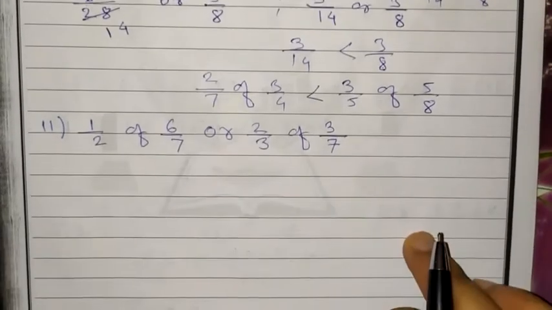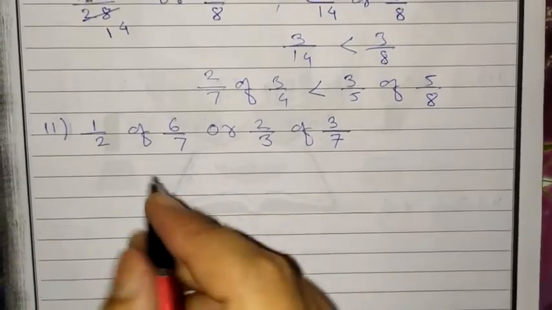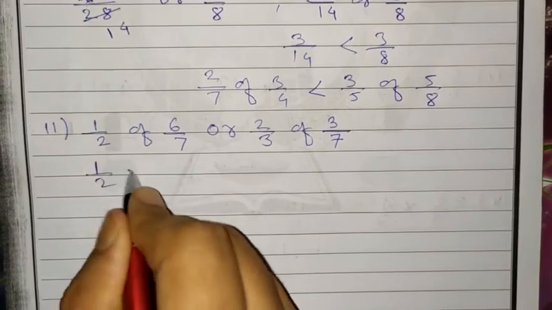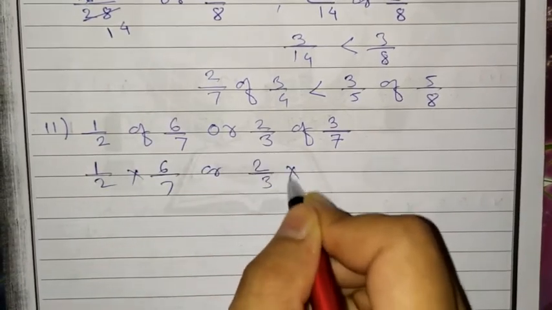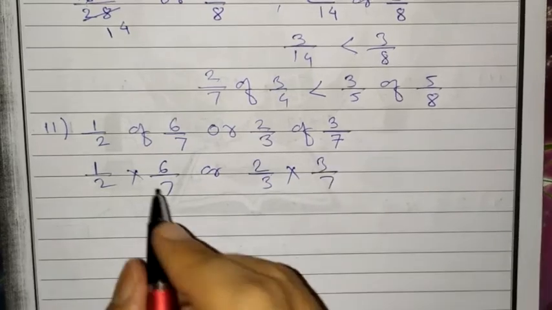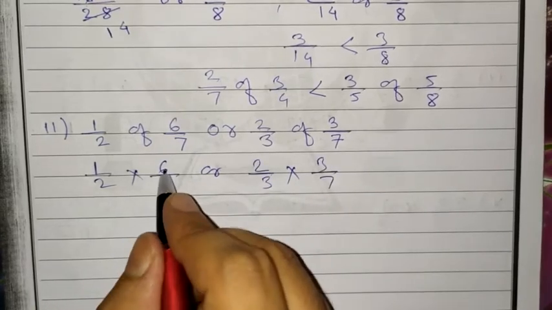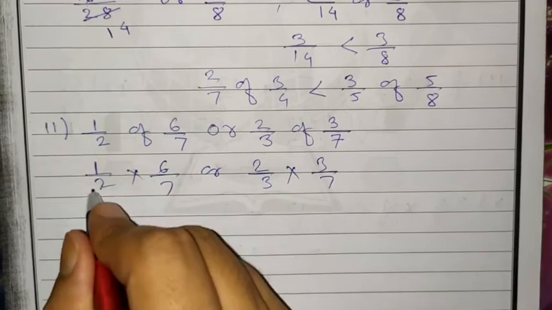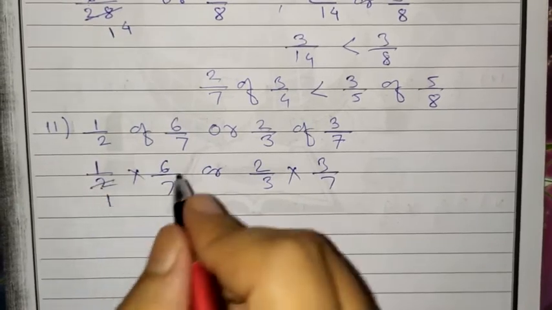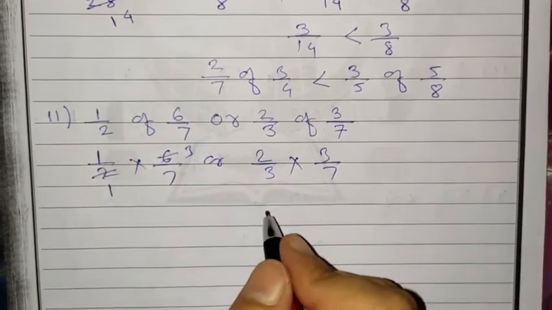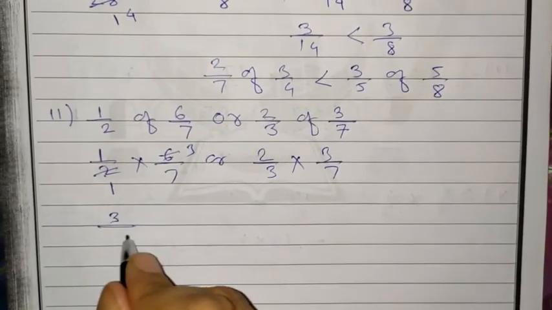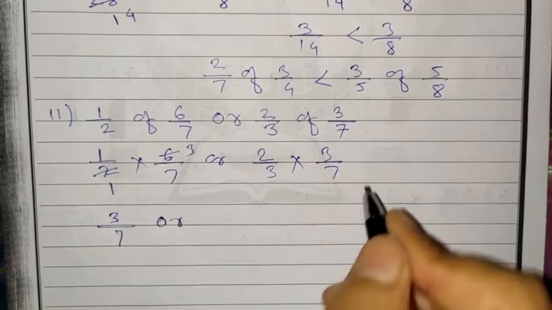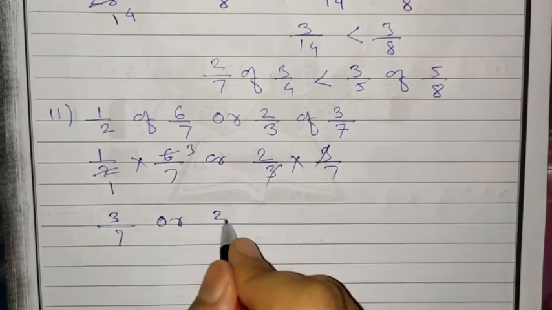Now we will solve the second part in the same way. 1 upon 2 of 6 upon 7 or 2 by 3 of 3 upon 7. Similar numbers you can cut, here 6 and here 2. Both are divisible by 2. So 2 ones are 2, 2 threes are 6. Got that? So here 3 into 1 is 3, 7 into 1 is 7, or 3 will directly cut 2 upon 7.